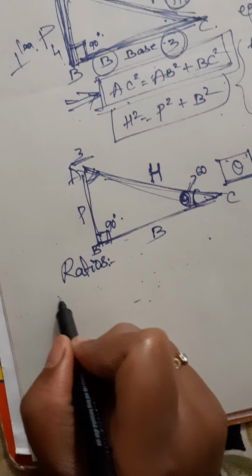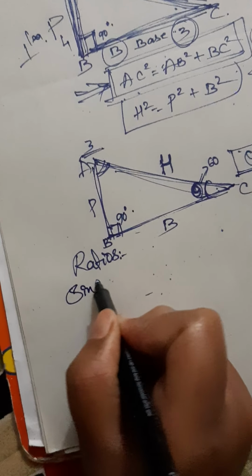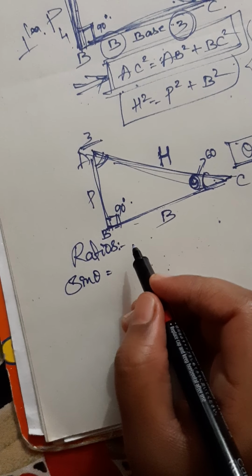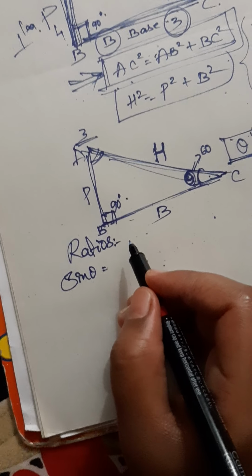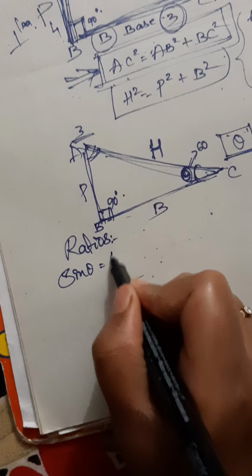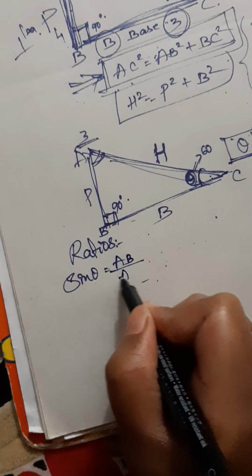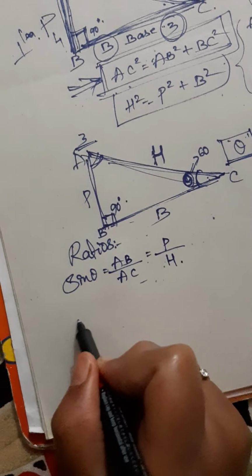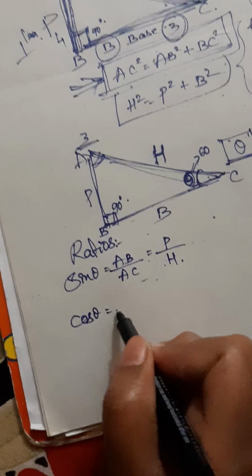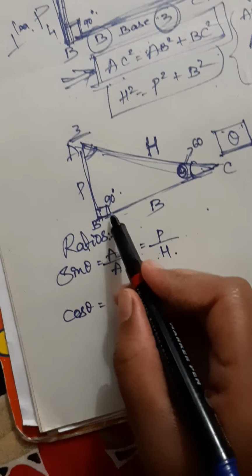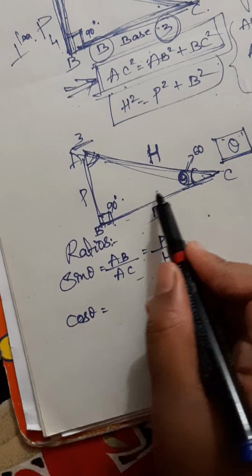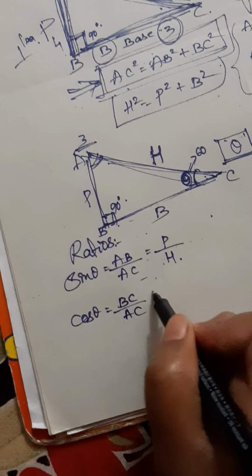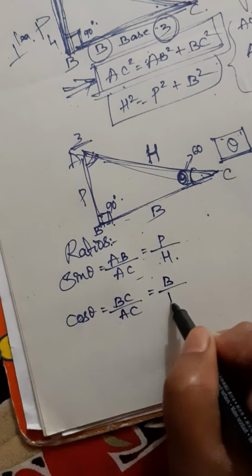So for the first one, sin theta is equal to, according to our notation, P by H. P by H means AB by AC. Again, cos theta is BC by AC, which is B by H.